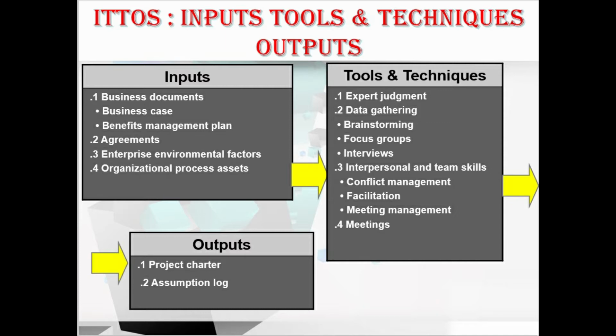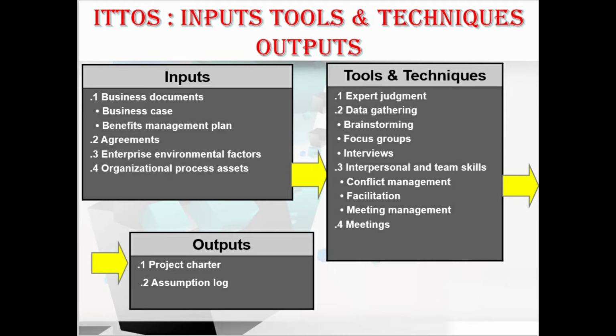Coming to the tools and techniques, we have expert judgment, data gathering techniques, which contain brainstorming, focus groups, and interviews. And we have the interpersonal and team skills techniques, which contain conflict management, facilitation, and meeting management. And last, we have meetings. And coming to the outputs, we have two outputs here, the project charter and the assumption log.